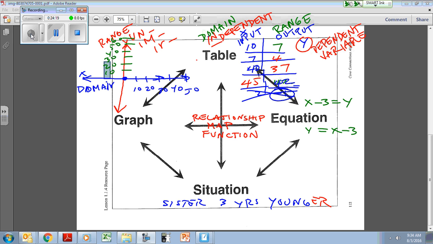Graph just means put a dot. This is a graph. You can't just put a dot anywhere, right? You can't just put the graph anywhere, but no matter where you put it, it is called a graph.